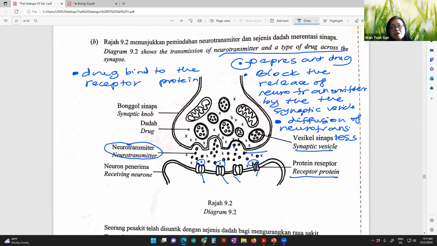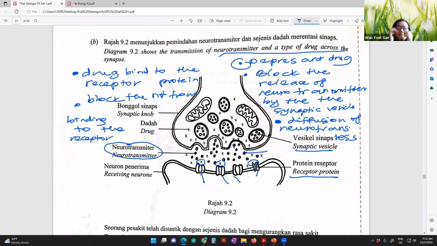That means it is blocking the binding of neurotransmitter to the receptor. So it binds, therefore it blocks the neurotransmitter, short form I put NT, from binding to the receptor.